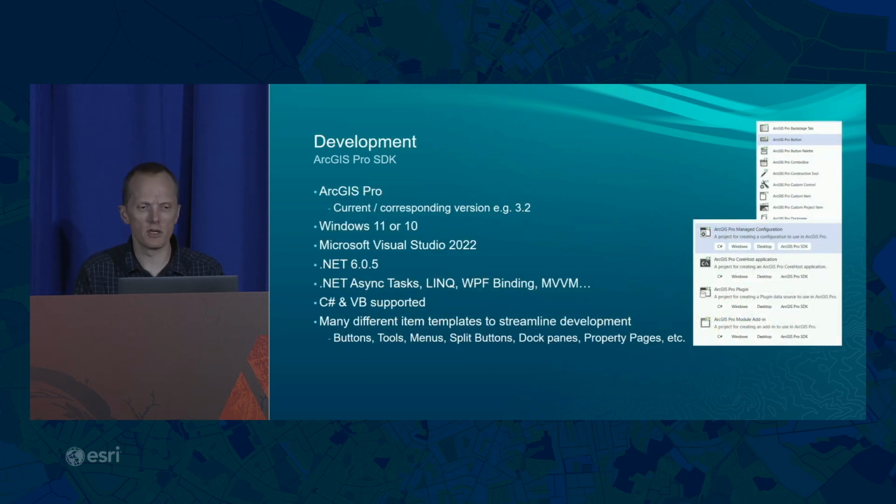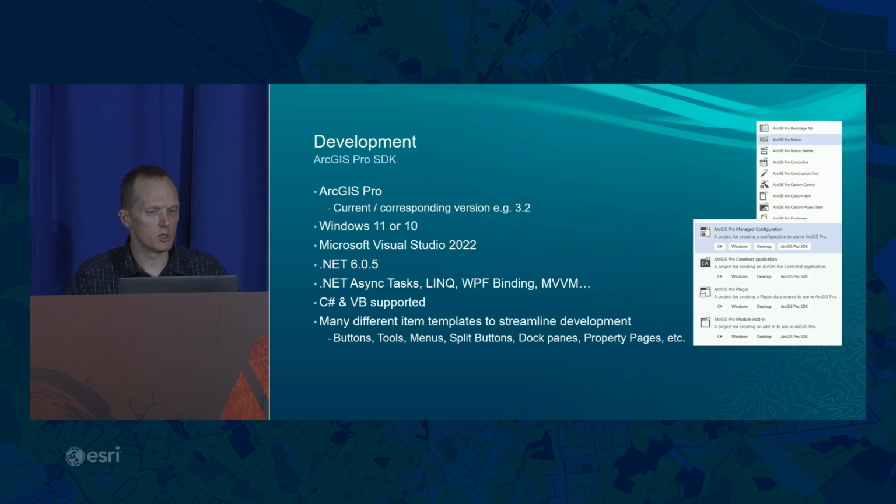When you're developing with ArcGIS Pro, one of the things to think about is you need to target the corresponding version of ArcGIS Pro. The current version is 3.3.2, so when you're using the current version of the SDK, that's the version of ArcGIS Pro that you're targeting. It supports both Windows 10 and Windows 11, and Microsoft Visual Studio 2022.